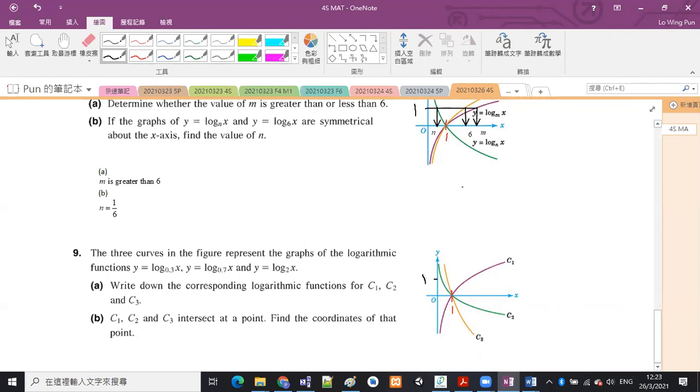This is y equals 1, and then we draw a horizontal line to intersect the curves. Are there three points? Then we point down to the x-axis. This one, and then the yellow one, and the green one.